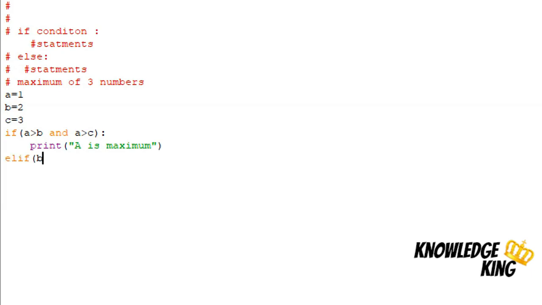Else if b is greater than a and b is greater than c, then b is the maximum value. If these two conditions fail, it means c is the maximum value.